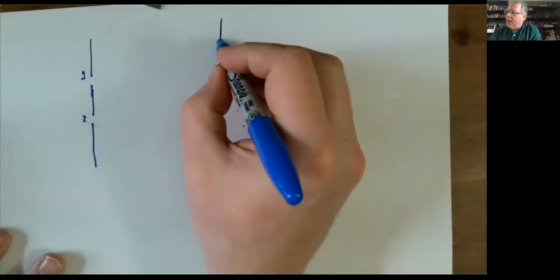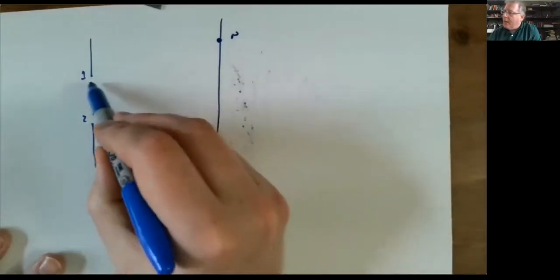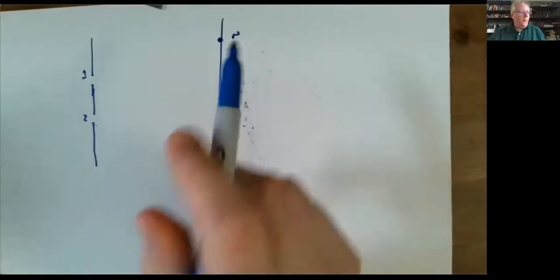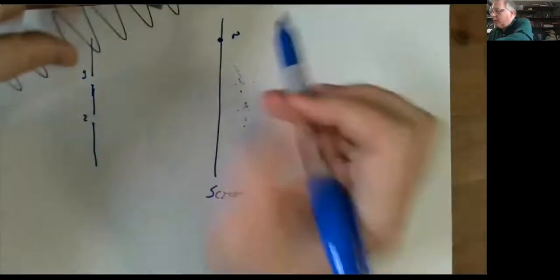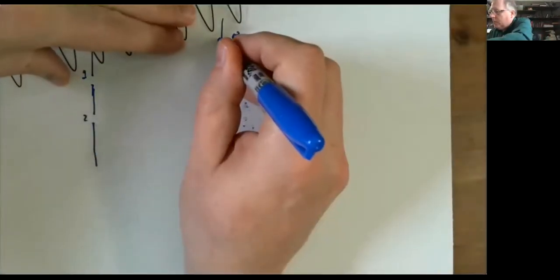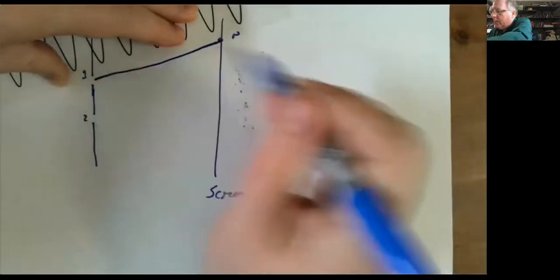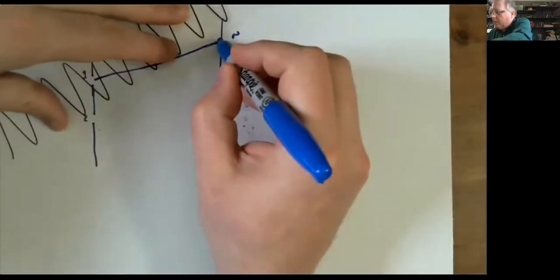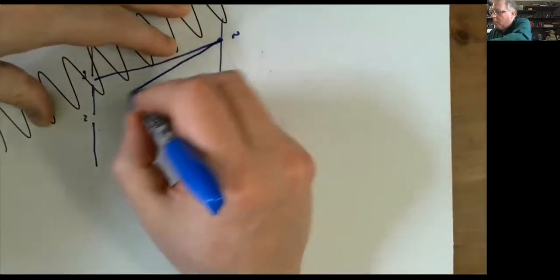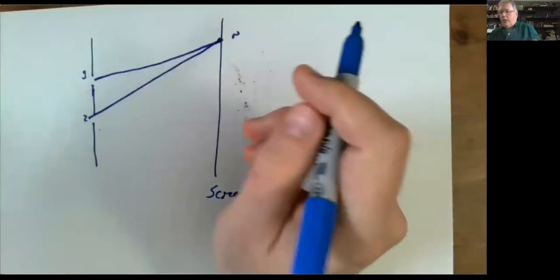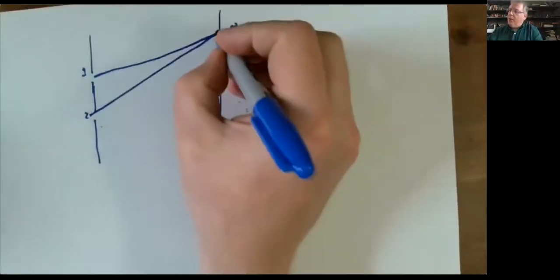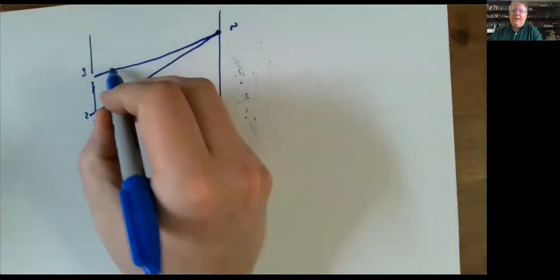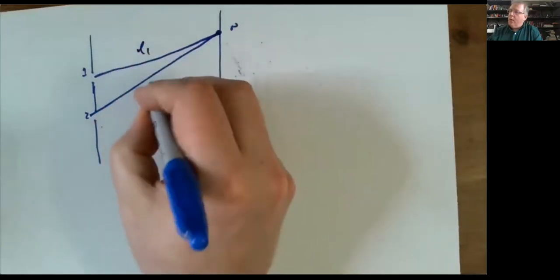So I'll take a spot on my screen here, P, and I'll draw two lines. Let me see, I should use a straight edge of some kind here. So I'll draw two lines, one to there, one to there. So these two lines both hit this place, and what I care about is what's the difference in L1 versus L2.